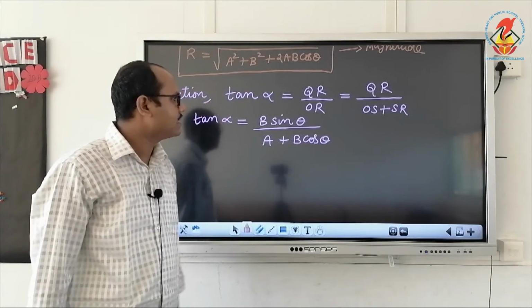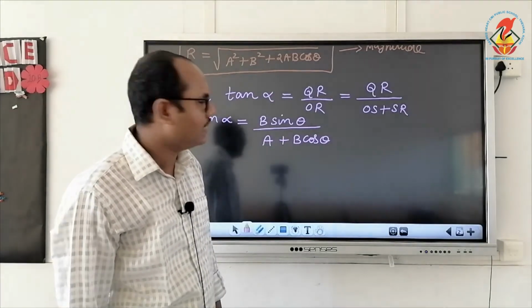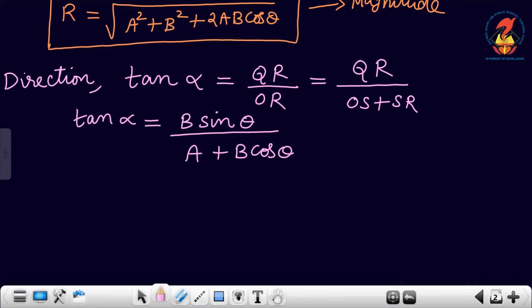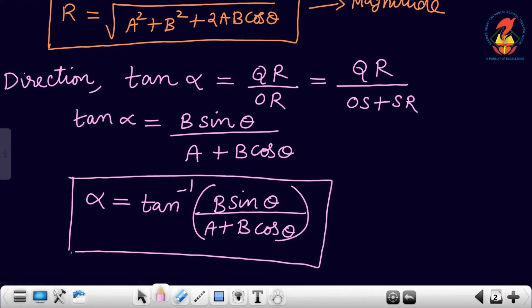So tan alpha is equal to B sin theta divided by A plus B cos theta. So from here I can find alpha. Alpha is equal to tan inverse of B sin theta by A plus B cos theta. So this is how we will find the direction.